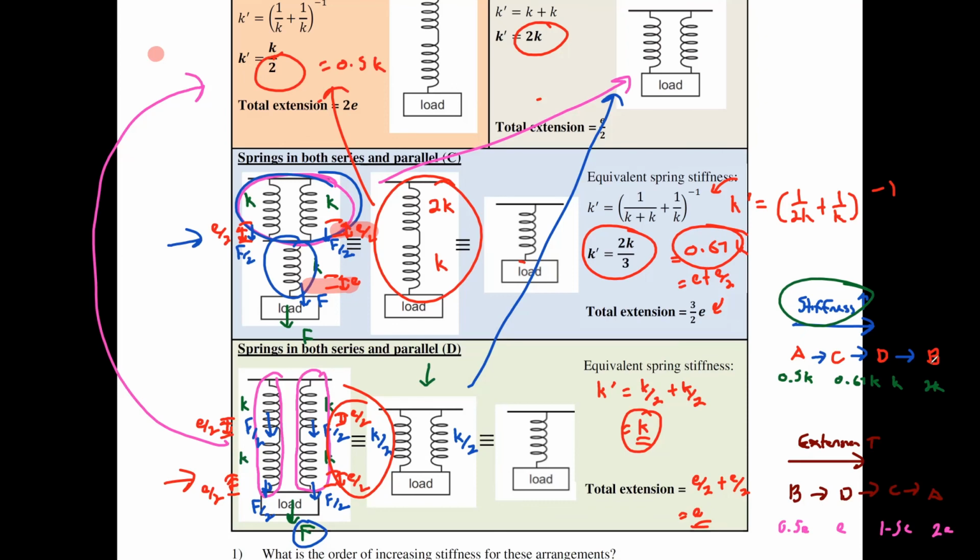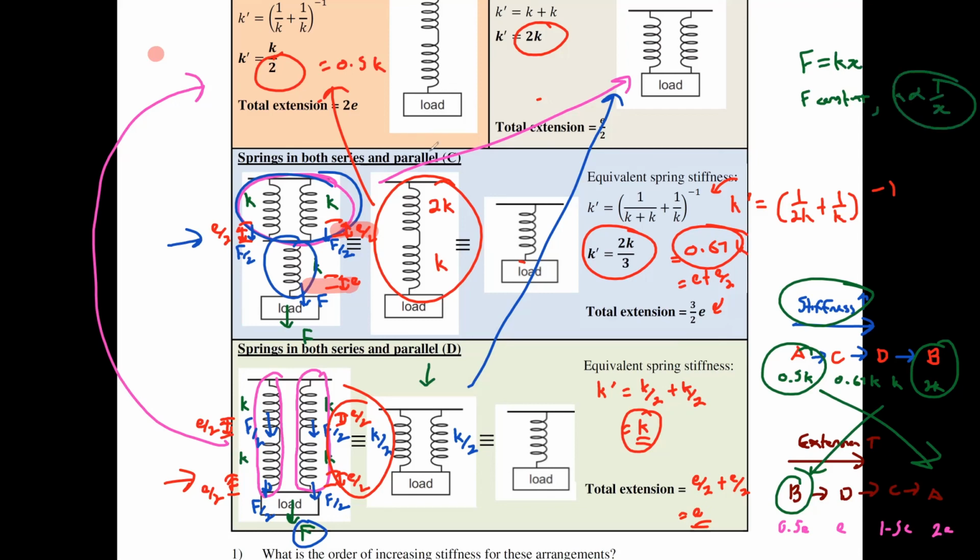All right, so you see the largest spring stiffness will give you the smallest extension, and then the smallest spring stiffness will give you the largest extension. So in a way, it actually relates to this. F is equal to Kx. If your F is constant, meaning you apply the same force, K is inversely proportional to X. K increases, X drops. K drops, X increases.